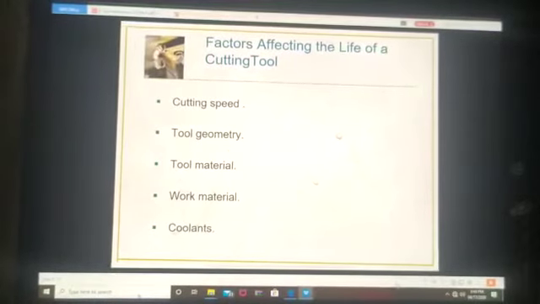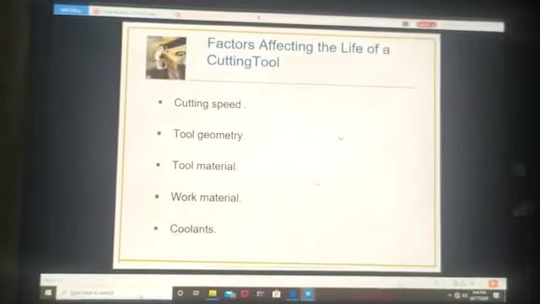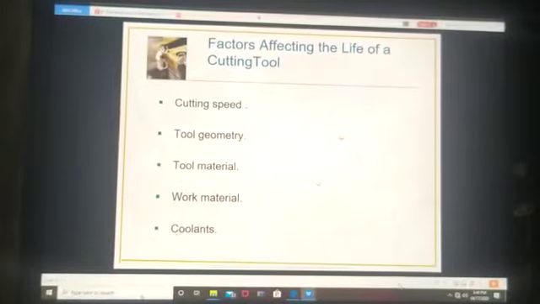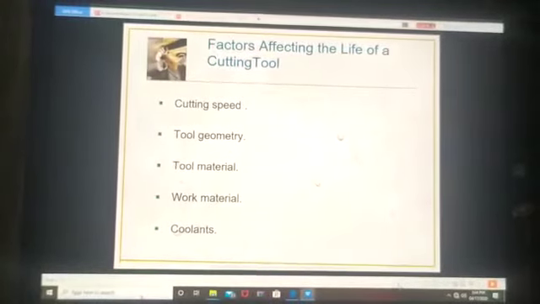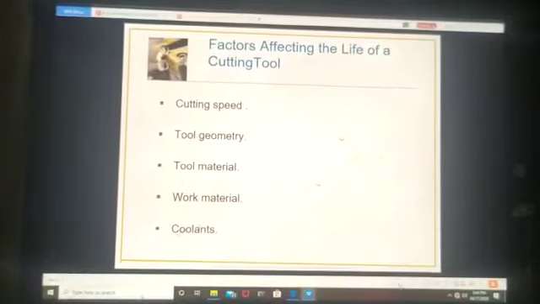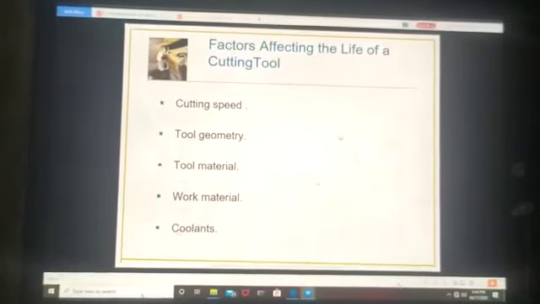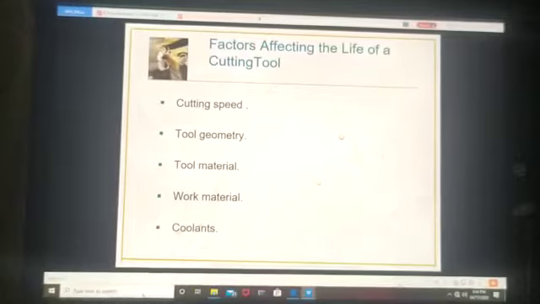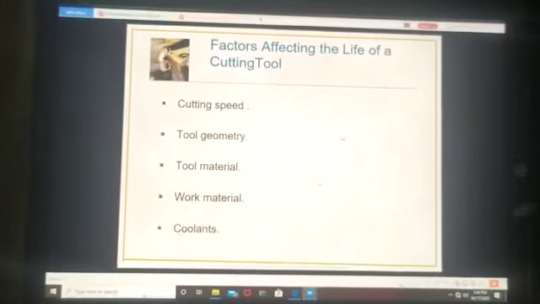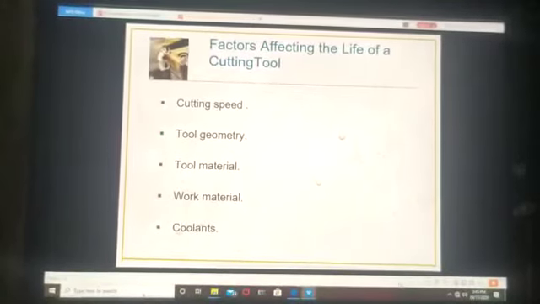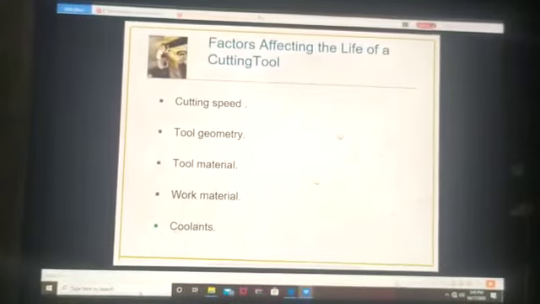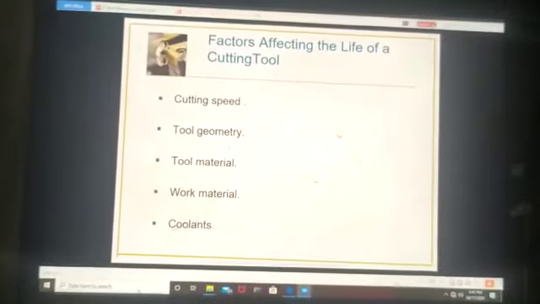Tool materials are of different types: some are hard, some are soft, some are brittle. These different materials affect the tool life. If the material is soft, the tool life is less. If the material is hard, the tool life is more.